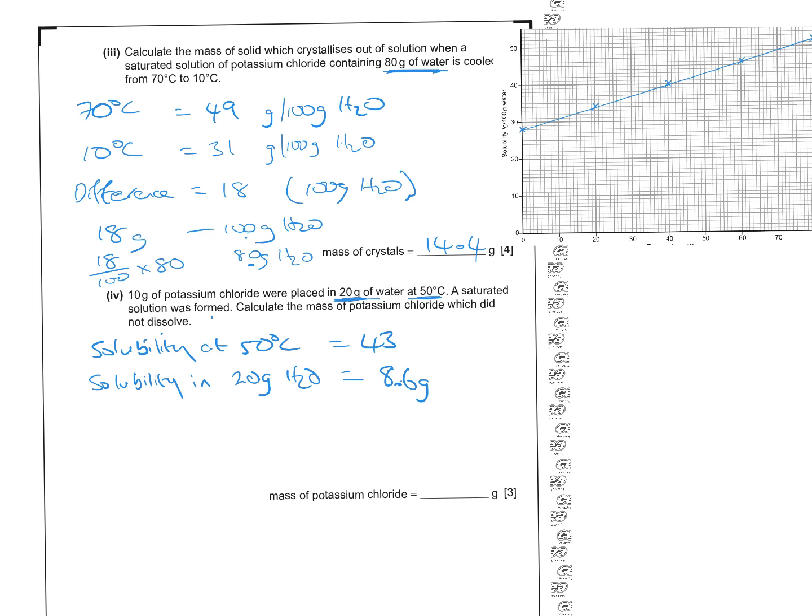Now in the question, 10 grams were originally placed in the 20 grams of water. And the question is, calculate the mass of potassium chloride which did not dissolve. So if you added 10 grams to start with, 8.6 grams dissolved, that means that the difference is the mass of potassium chloride which did not dissolve, and that is 1.4 grams.